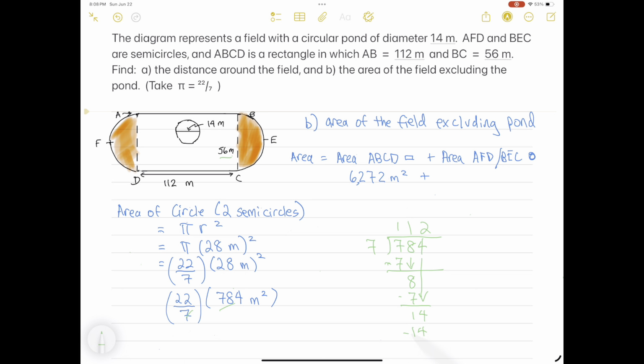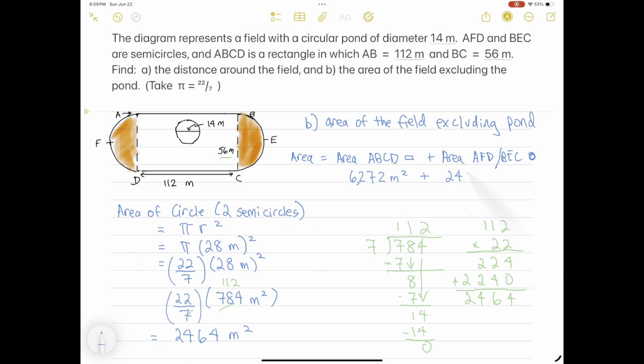So I cancel the 7 in the denominator with 784 in the numerator and write 112. Now I multiply the numerators, 112 times 22, and I do that calculation on the side. 112 times 22 equals 2,464.